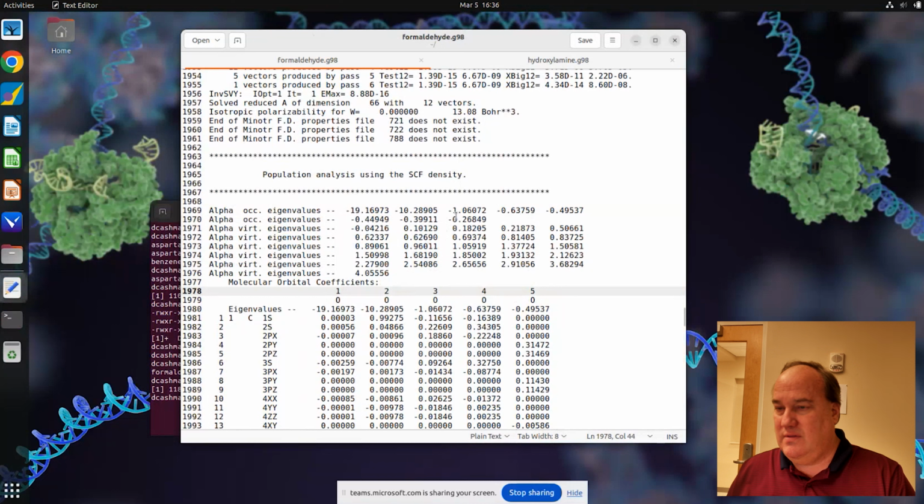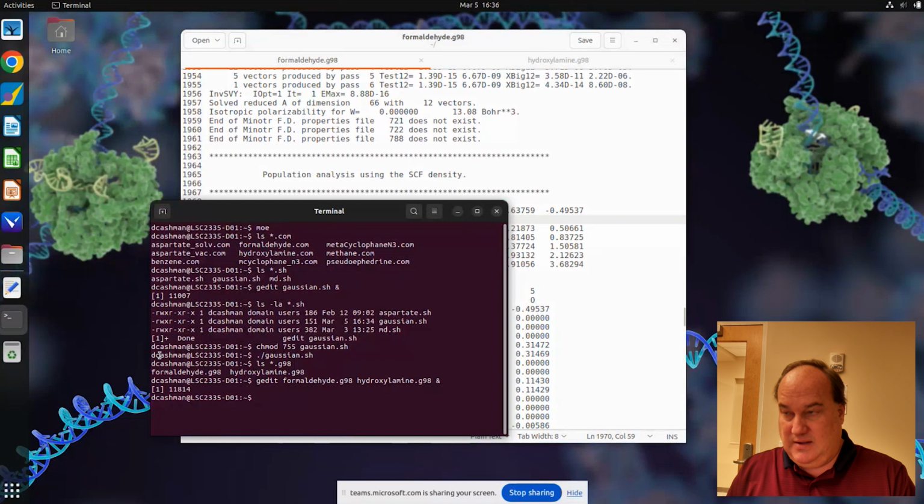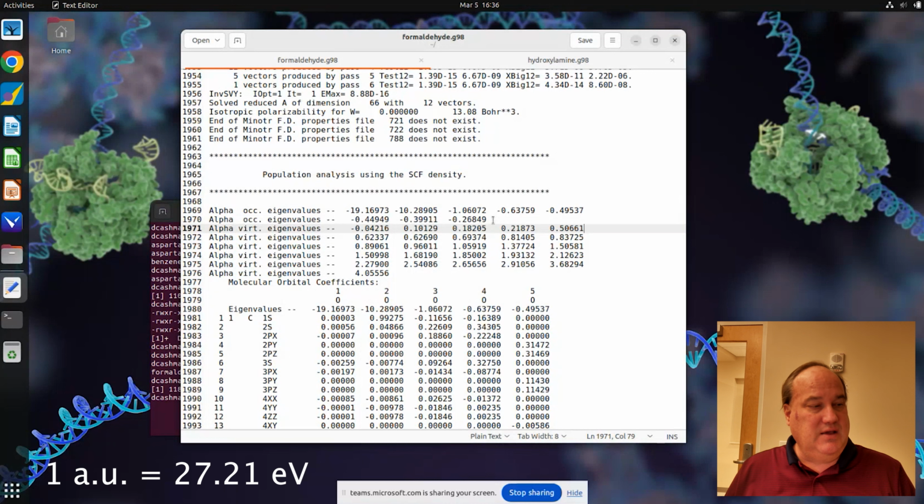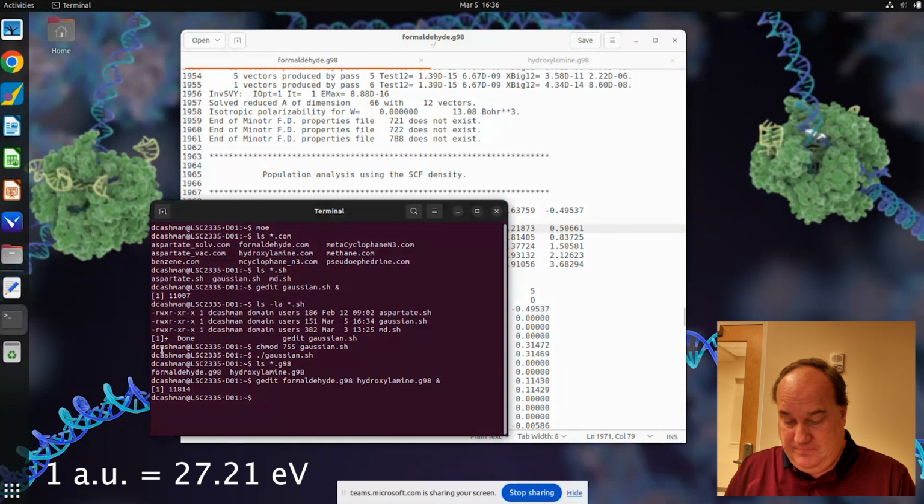And so the highest occupied orbital eigenvalue, that's this one, minus 0.26849. And now we want these in electron volts, or eV. So what is the conversion factor between eV and atomic units? So 1 atomic unit of energy is 27.21 eV.